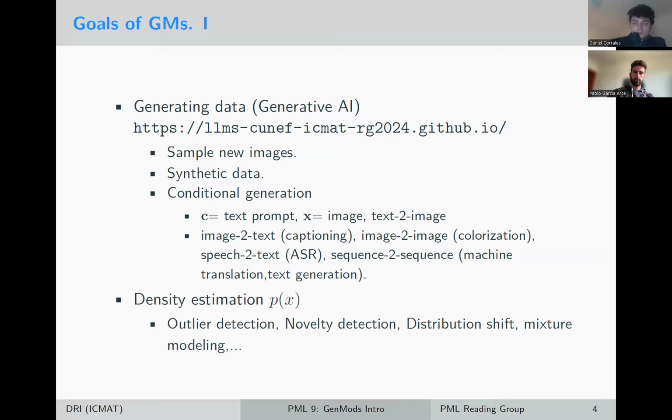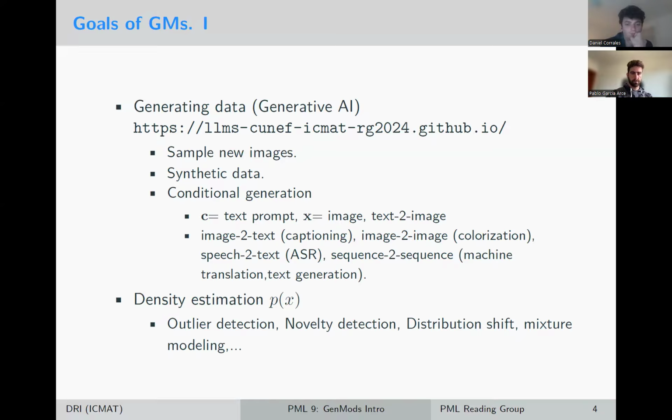One example, another application is for generating synthetic data. And Danny, for example, generates synthetic data from medical problems, from a probabilistic graphical model, to avoid confidentiality issues, to make public data.